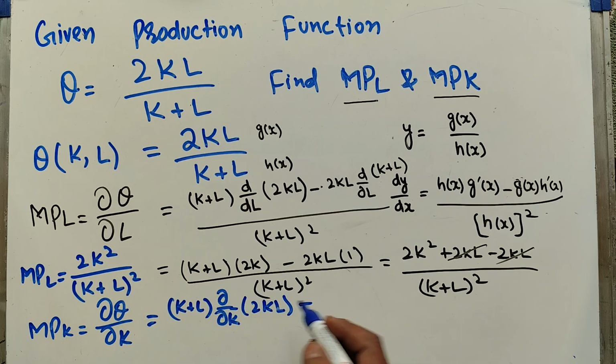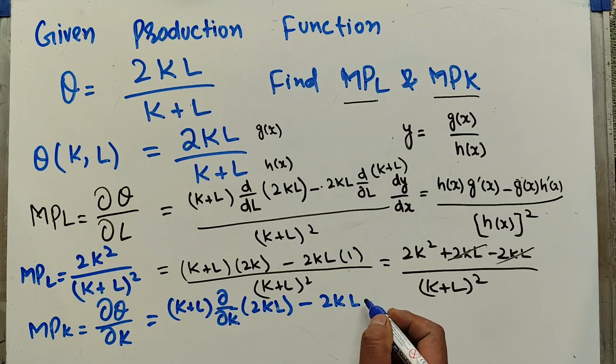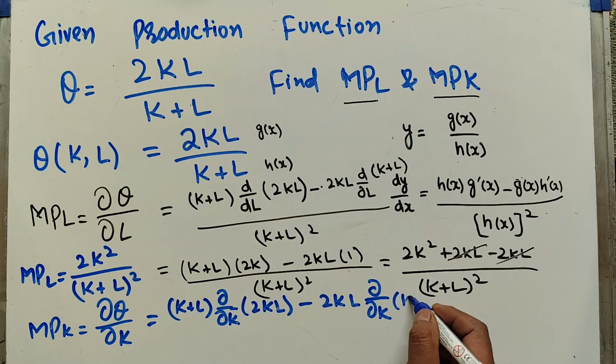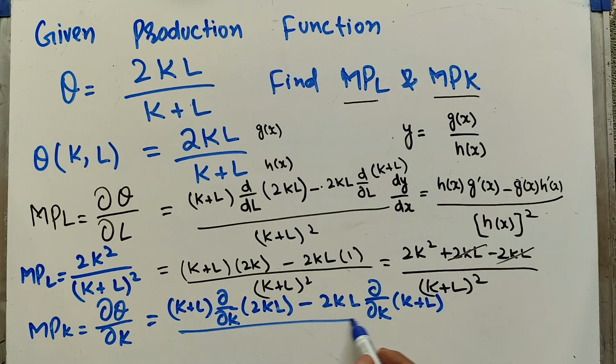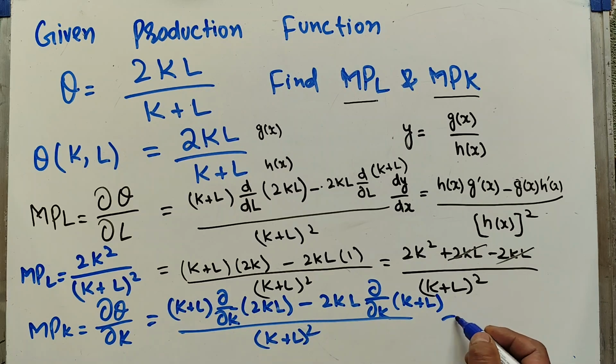Then we subtract and write the numerator function, 2KL, and take the partial derivative of the denominator function, K+L. To this we divide by (K+L) whole squared. I leave it for you to solve this for the marginal product of capital.